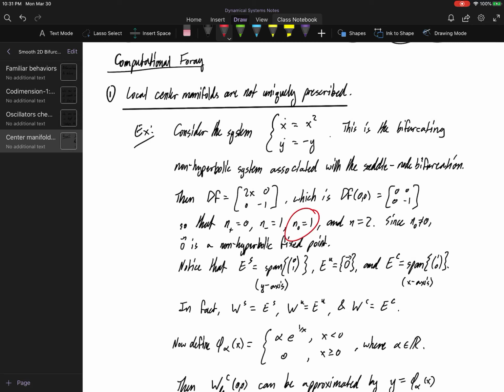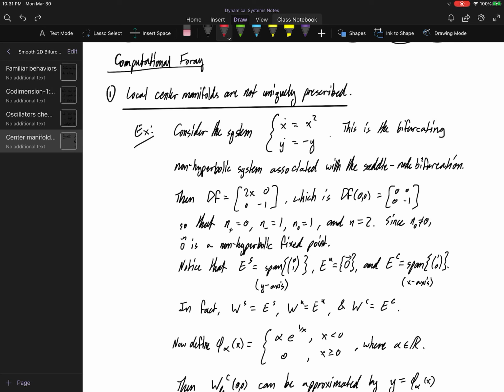Specifically, the eigenvalues are 0 and -1, so there is a center piece corresponding to the 0, and there is a stable piece corresponding to the -1, but there are no unstable pieces in the Jacobian. So that would be how to identify these different n pieces.